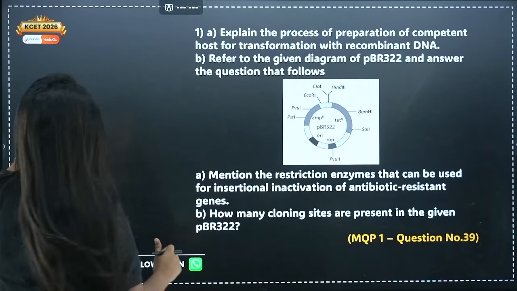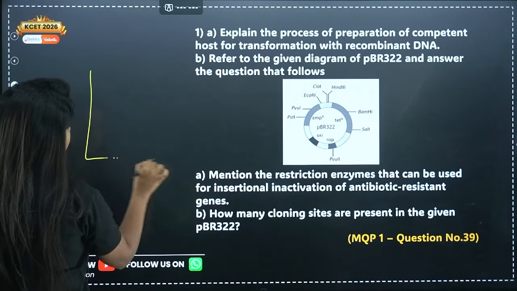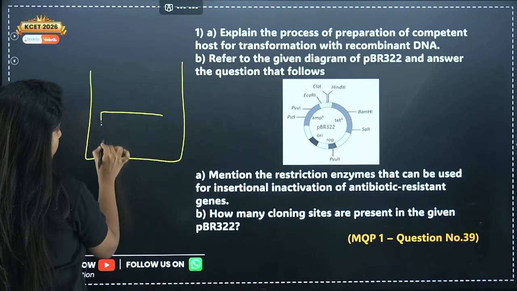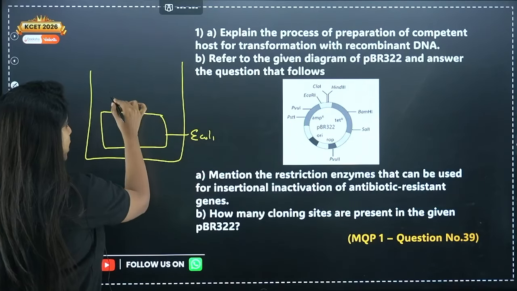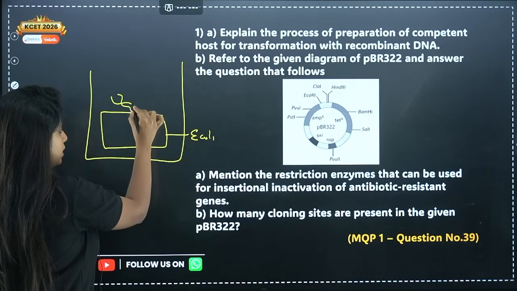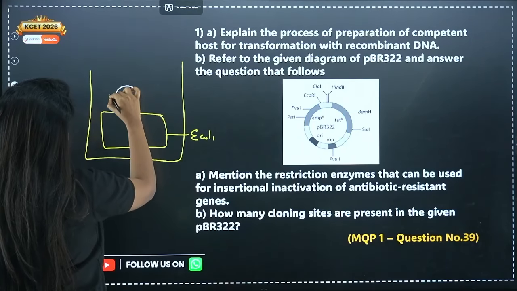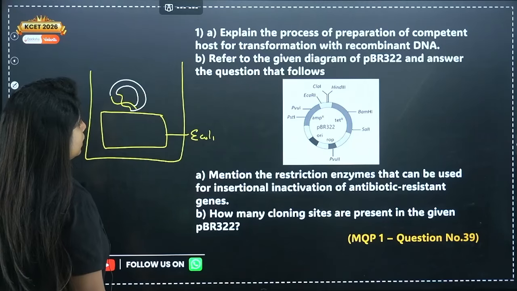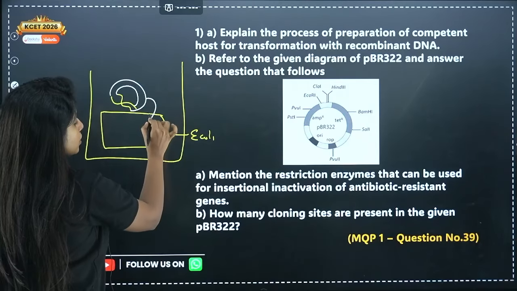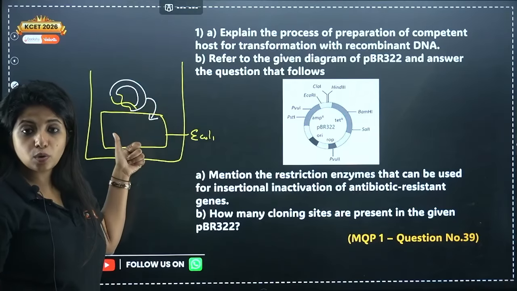That means, my dear children, over here suppose I have a box, and then over here I have the E. coli, and I also have the recombinant DNA up there, the new combination of DNA with the plasmid. I want to make sure the recombinant DNA goes inside this.